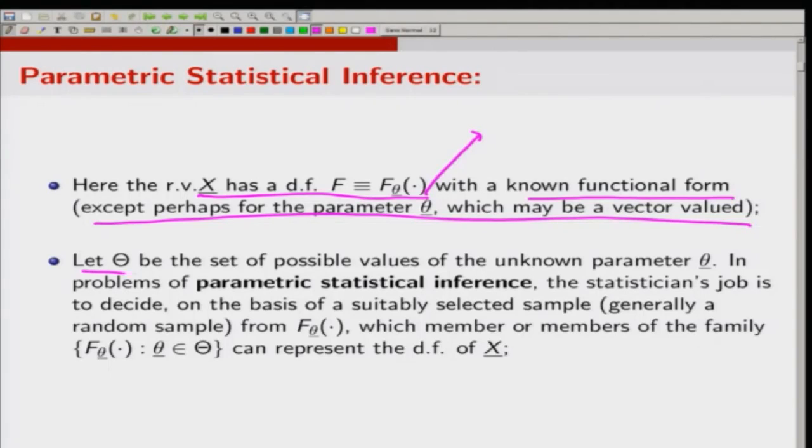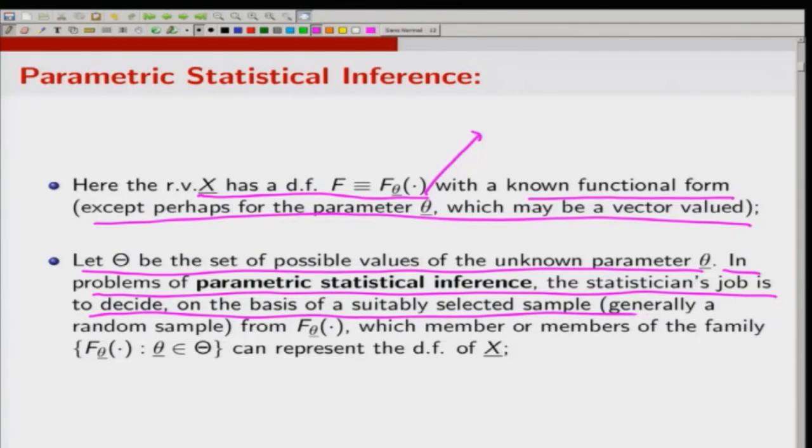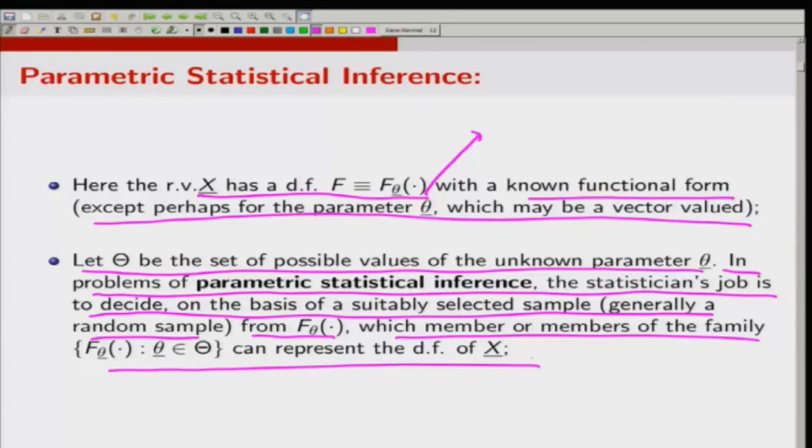Let capital Theta be the set of possible values of the unknown parameter theta. In problems of parametric statistical inference, the statistician's job is to decide on the basis of a suitably selected sample, generally a random sample from f theta, which member or members of the family f theta can represent the distribution function of x.